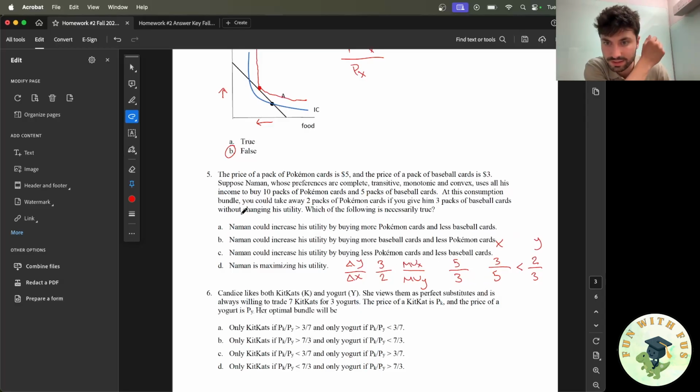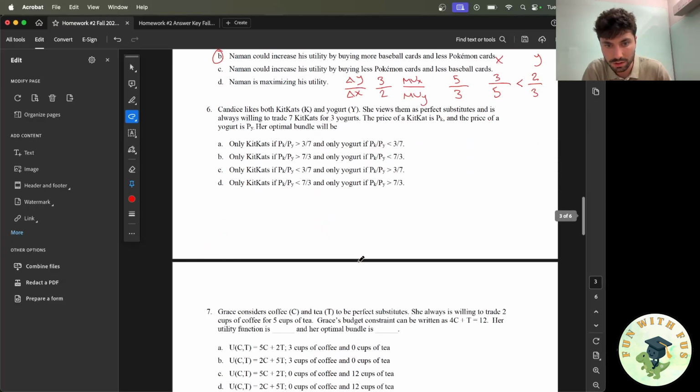So yeah, that lines up. Since we always want to buy more of the higher bang per buck, in this case the Y was our baseball cards, the X was our Pokemon cards, and 2/3 is greater than 3/5. So we're going to buy more of Y, and that is why we're going to shift.